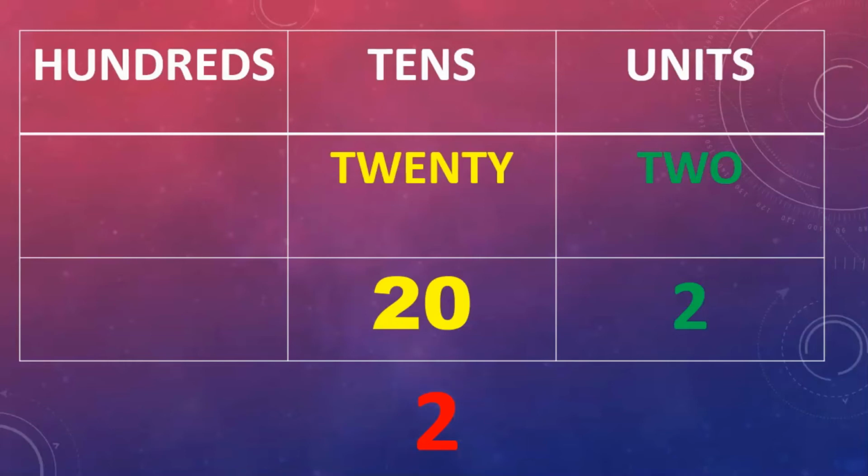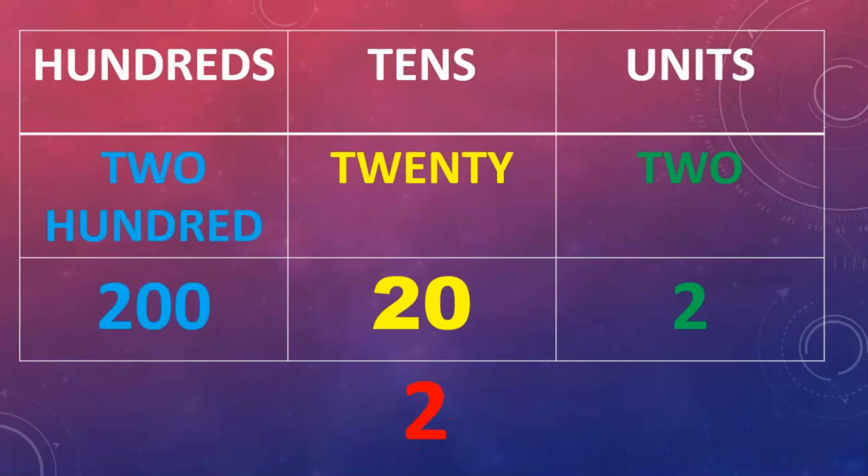And if we place it in the hundreds column, the number 2 has a value of 200 because each one of those bags contains 10 egg cartons, and each one of those egg cartons has 10 eggs, so each bag will have 100 eggs. So the number 2 actually has very different values in this example depending on which column we place it in.